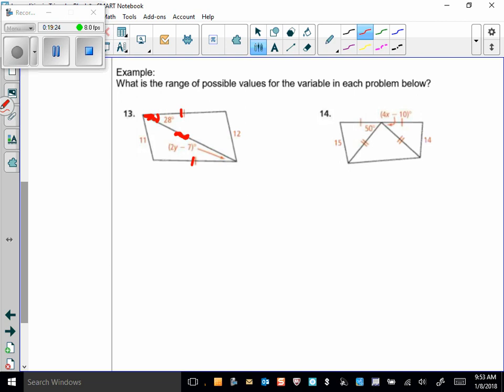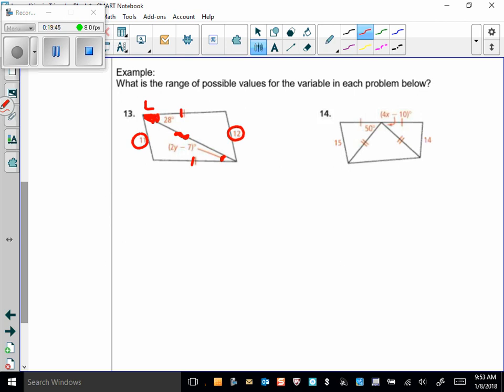We got 28, and this one here is 2y minus 7. The side across from it is 11, the side across from 28 is 12, so we know that 28 is the larger one, right? So what are we going to do here?